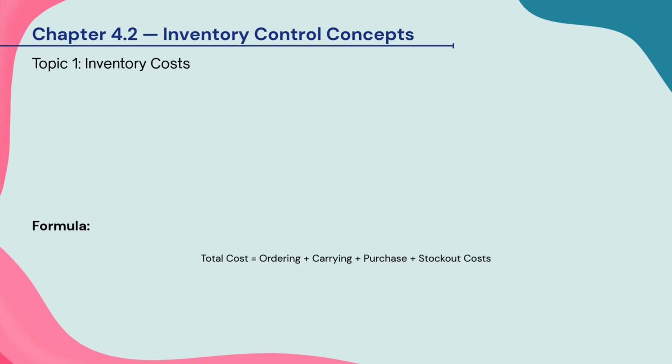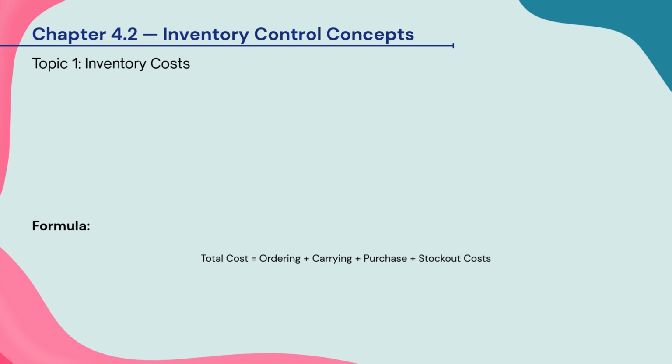First is ordering cost, which is the cost of placing and processing an order like admin and transport. Second is carrying cost, which is the cost of storing items such as warehouse rent, interest, and insurance. Third is stockout cost, which happens when items are not available, leading to lost sales or production delays.